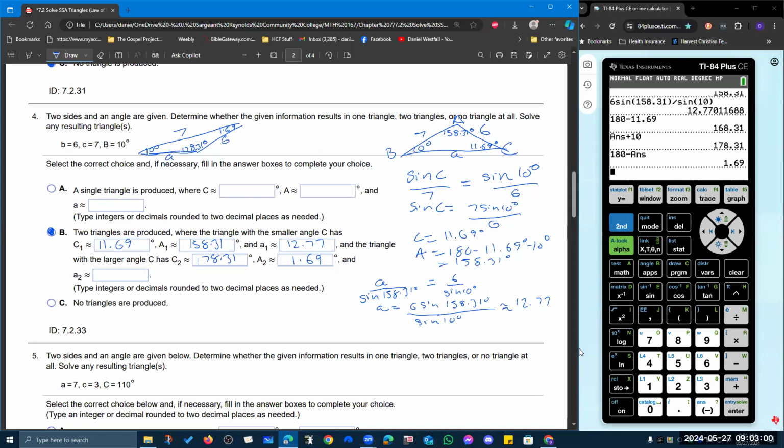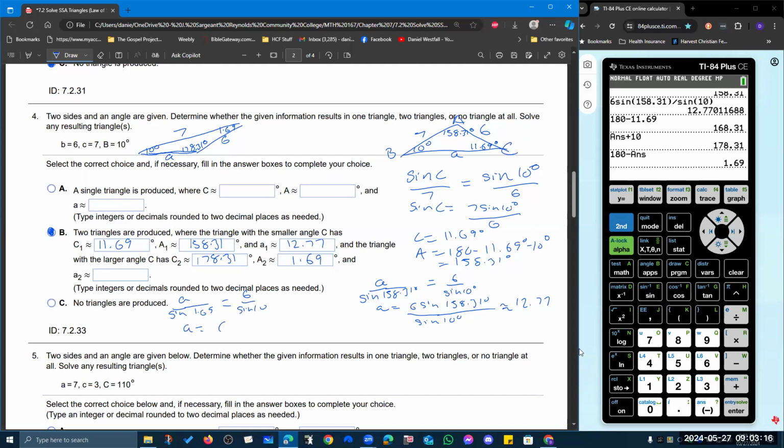So we use the law of sines for that. And we'll say that A is to sine of 1.69, as 6 is to sine of 10.